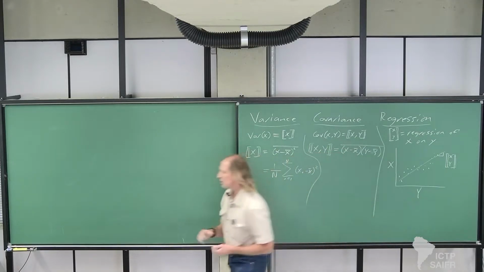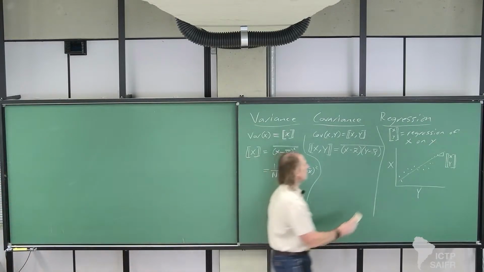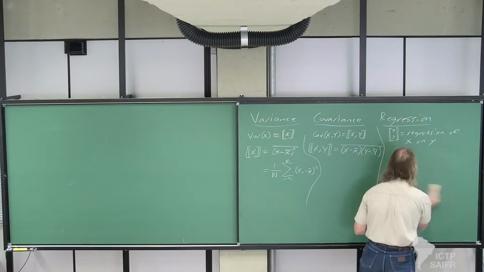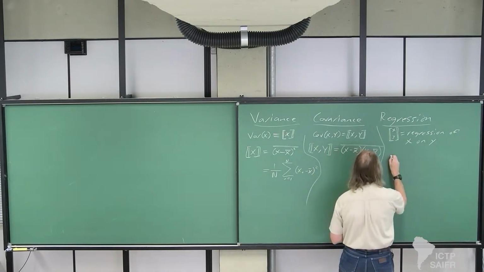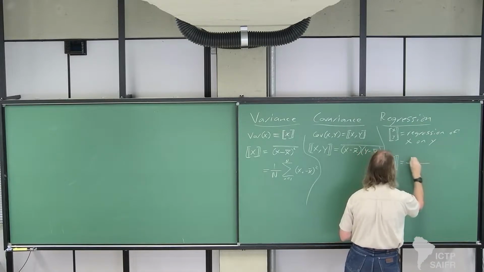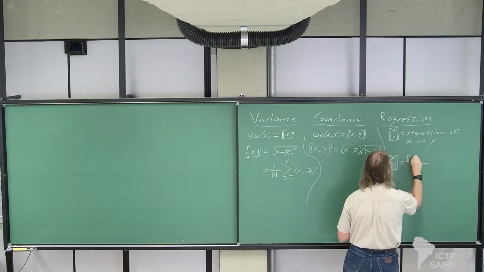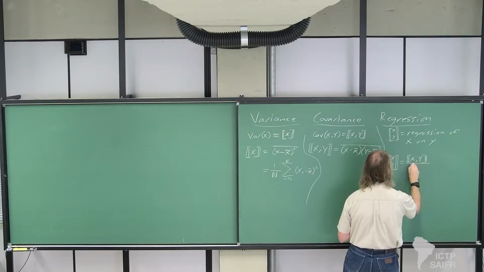Okay. Key thing about these. So just some basic properties of these that you probably remember, but bear repeating because we're going to be using it a lot. The regression, I'll write it in the same order there, of x on y is equal to the covariance of x with y divided by the variance in y.